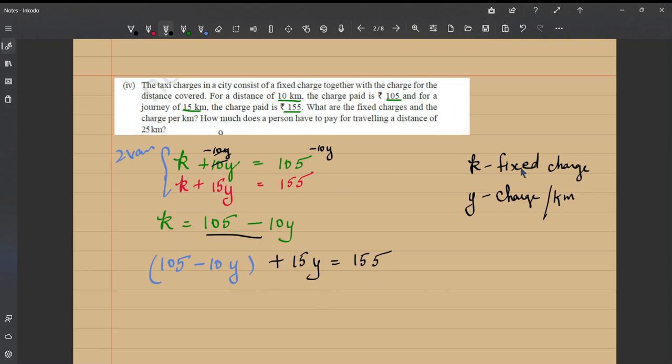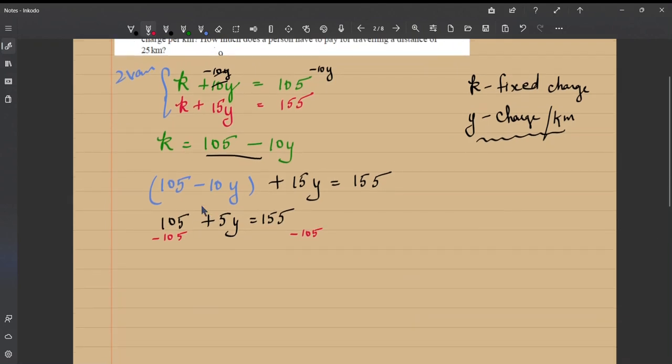What do I mean by solving for y? I would get the charge per kilometer. So simplifying this, 105 minus 10y plus 15y would be plus 5y is equal to 155, or like we did before, you subtract 105 from both sides. What do you get? You get 0 here. This gets cancelled out.